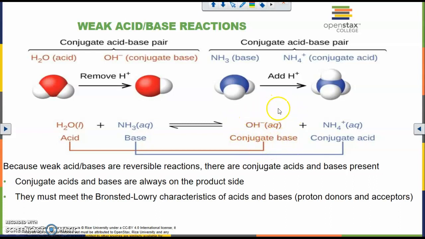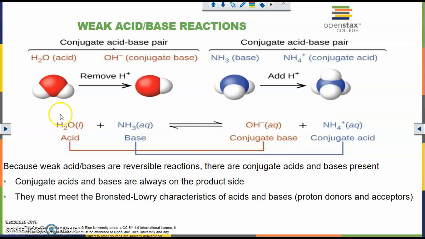This guy. Who's going to be donating a hydrogen, which is the Bronsted acid? This guy. So that's why the acid and the conjugate base on the product side always belong together, and the base and the conjugate acid always belong together. And the reason why we just call them conjugates is because the conjugates are actually on the product side. And if you go the reverse way, this is going to be the base.